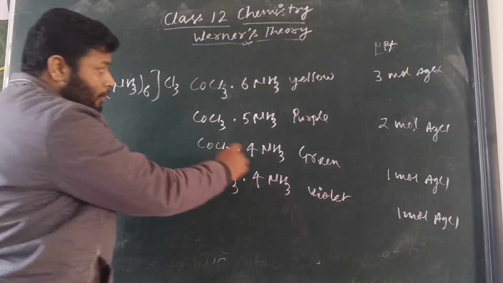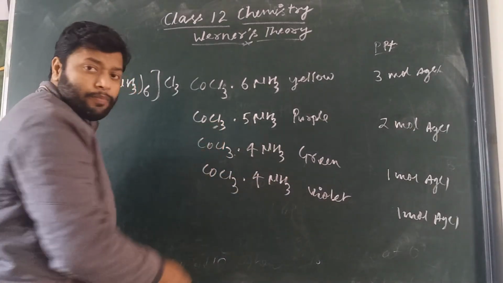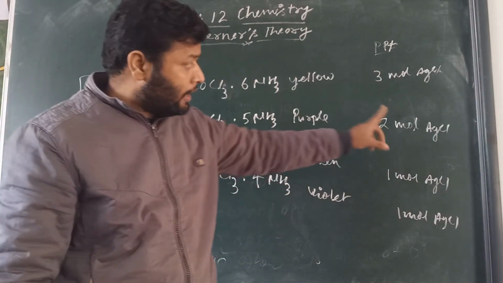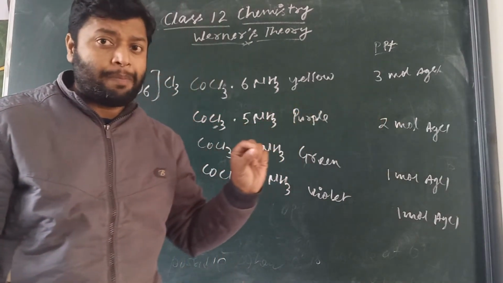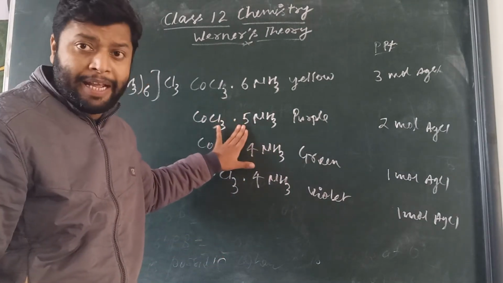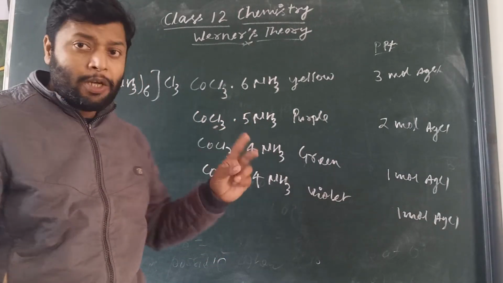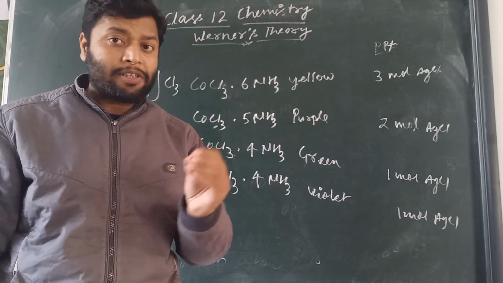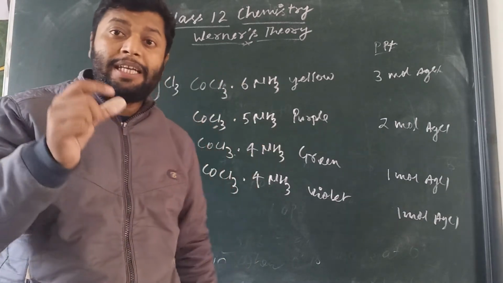At the same time, you can see that for the next complex, on passing silver nitrate solution only 2 mole of AgCl precipitated per mole of complex, indicating that out of 3 Cl only 2 Cl are ionizable and 1 Cl must act like a donor, must act like a ligand.